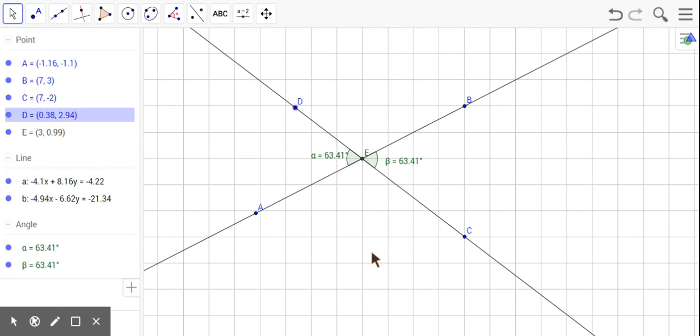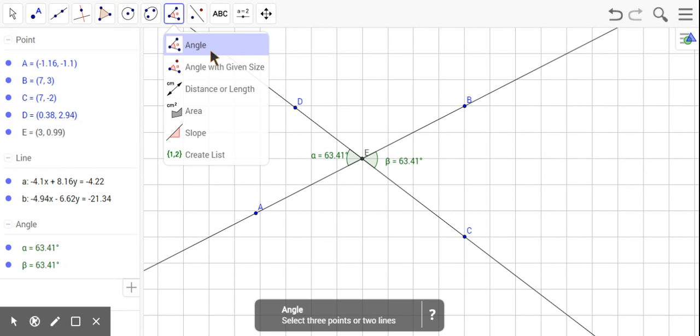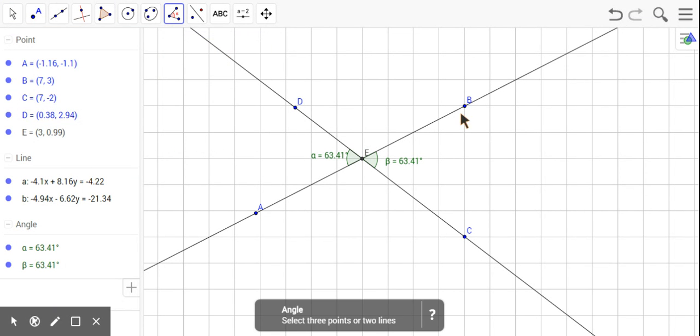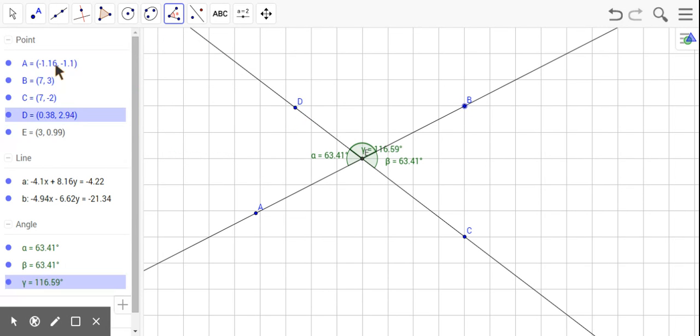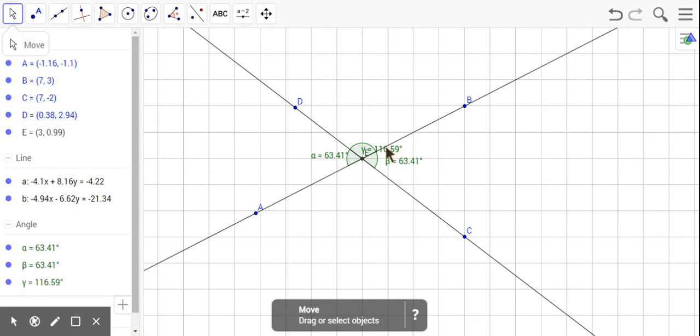Now what I want you to do is to figure out a third angle. It doesn't matter where you figure it out. So I'm just going to determine this one. I'm going to move it so we can see it.